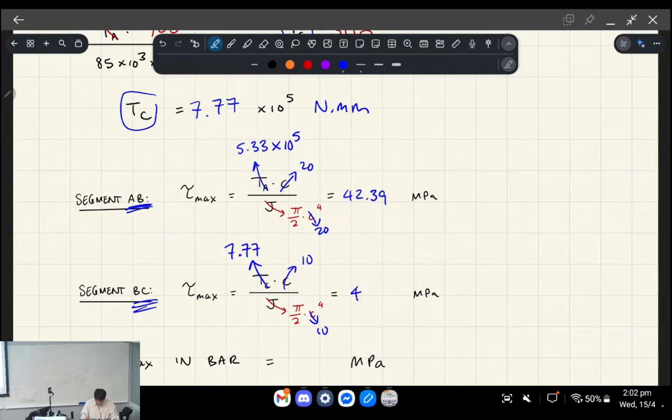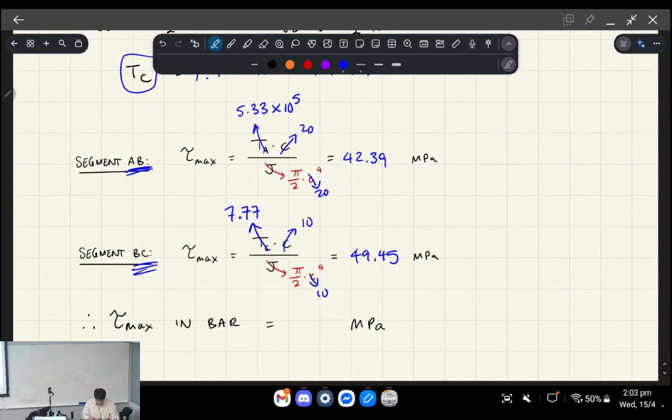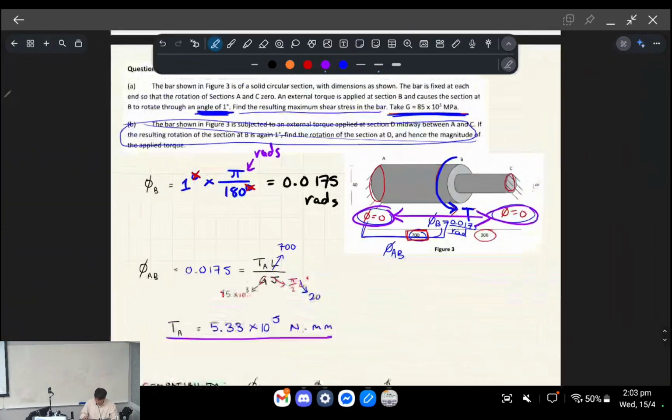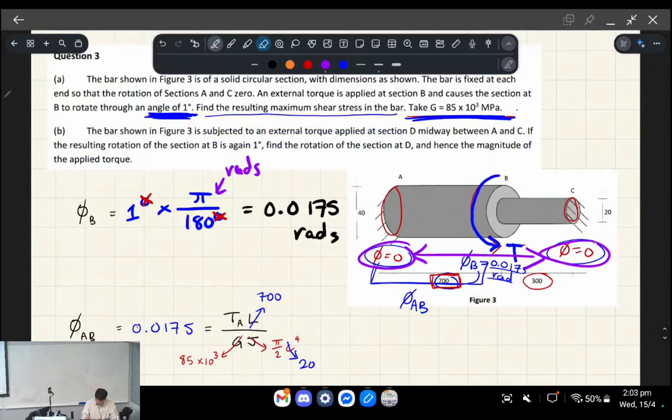Giving us a different number, 49.45 MPa. So the max stress in the bar is just whichever one gives you a higher number, right? Which is 49.45, okay?